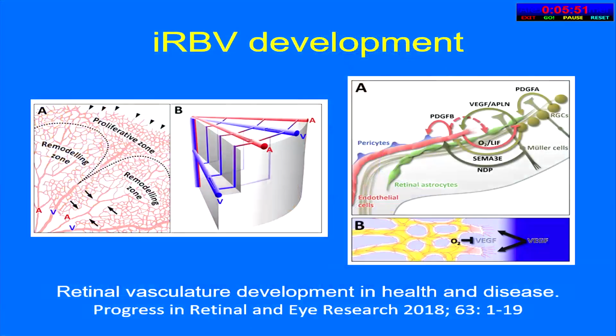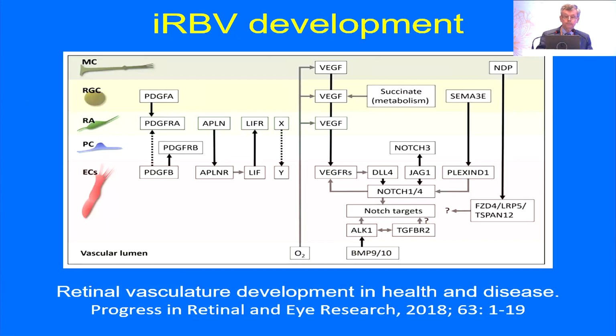Basically, this is a neuronal advancement from the optic nerve that drags the blood vessels behind it. And so a lot of the factors that are important for the subsequent development and angiogenesis are actually derived from neurons: the platelet-derived growth factors, VEGF, and importantly Norrin, which comes from Muller cells.